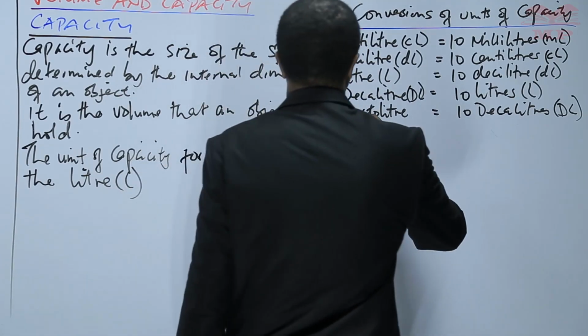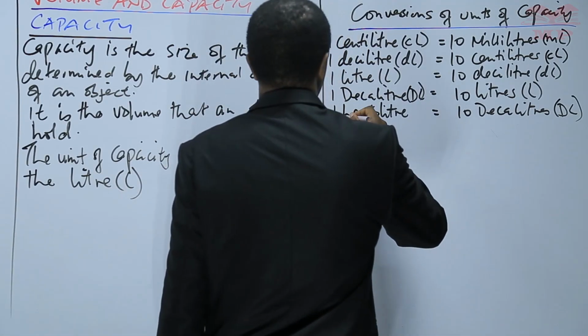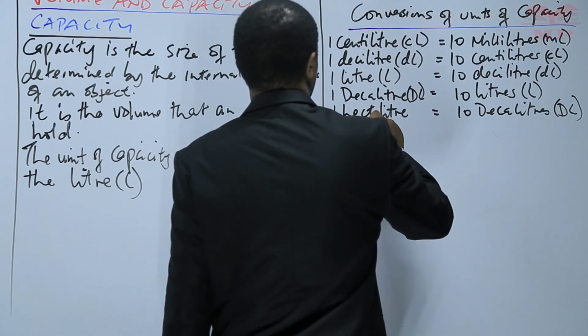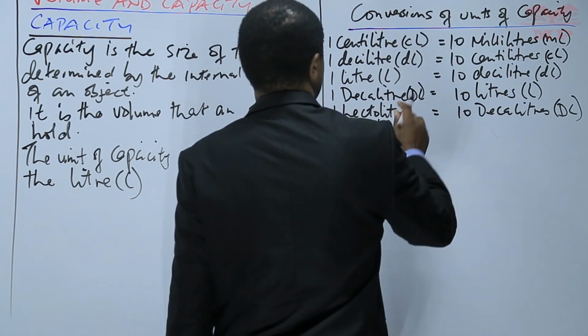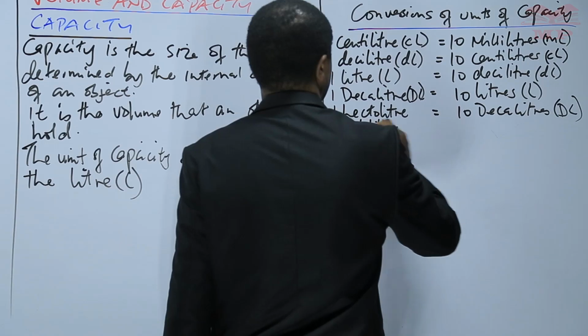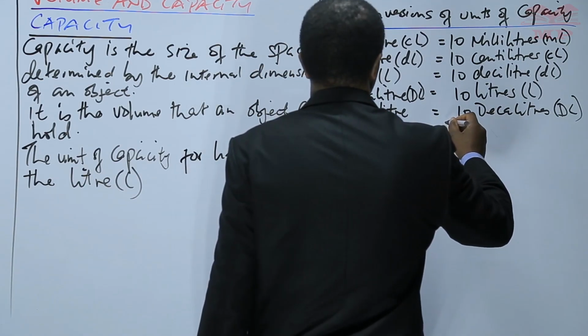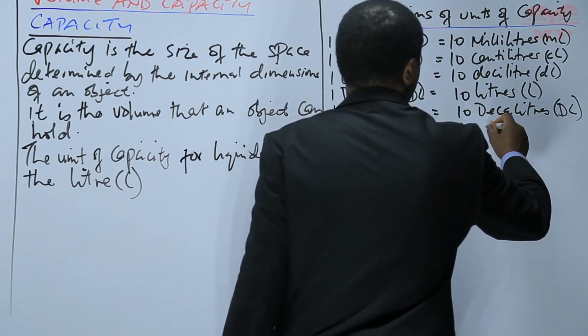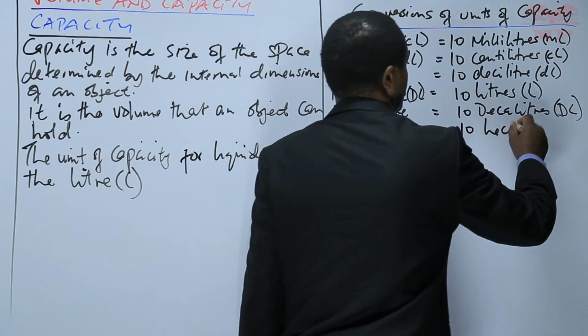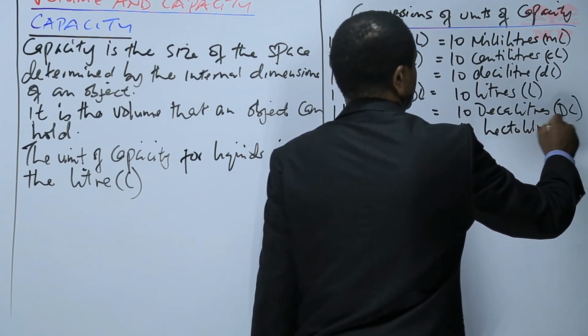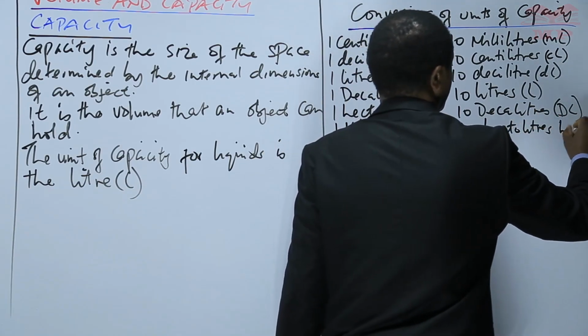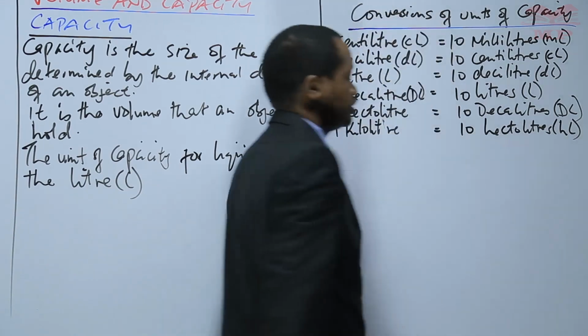Another conversion is 1 kiloliter. 1 kiloliter is equal to 10 hectoliters, hl.